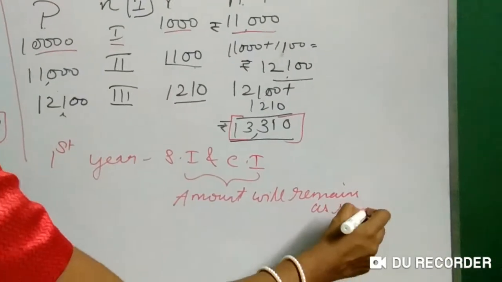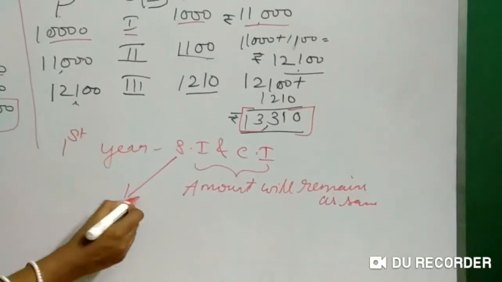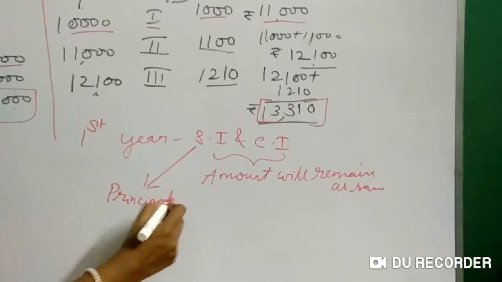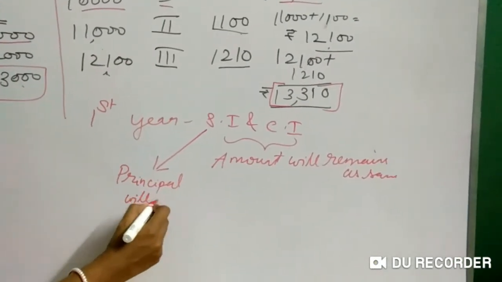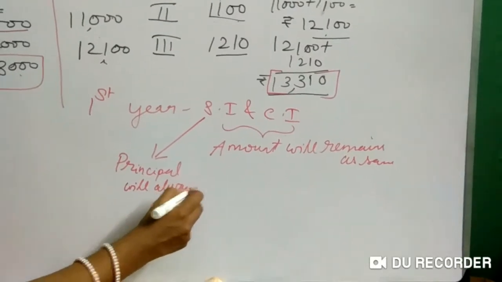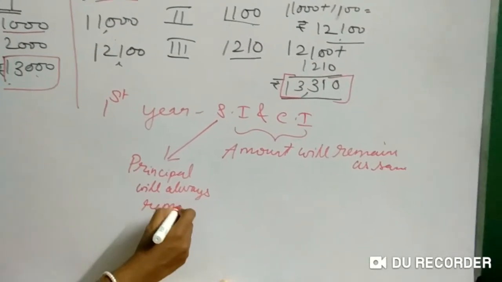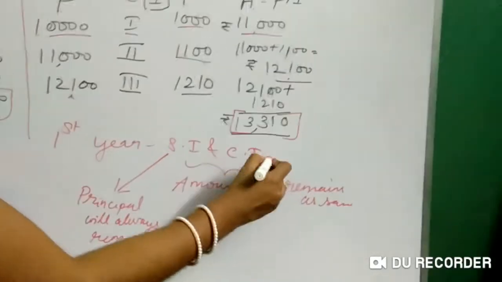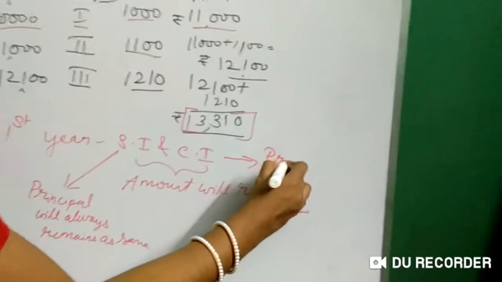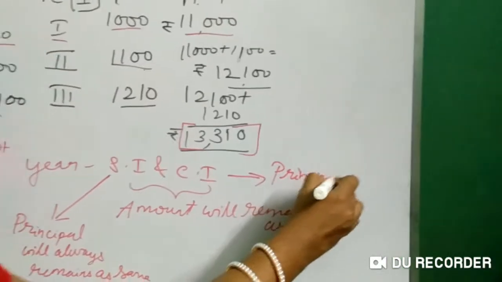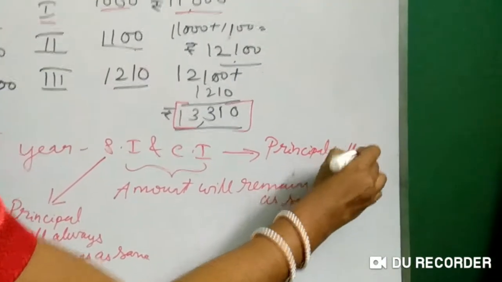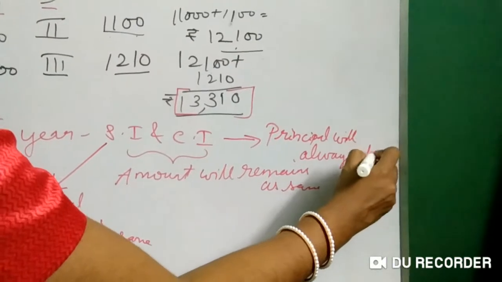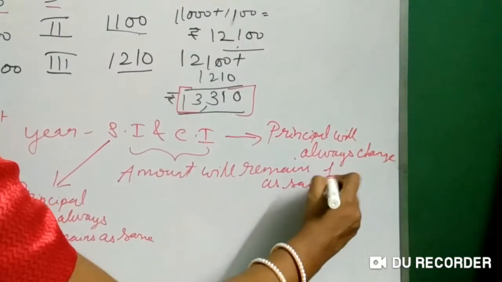Because in simple interest, this is an important thing, the principal will always remain the same, but in compound interest, the principal will change for each and every year.